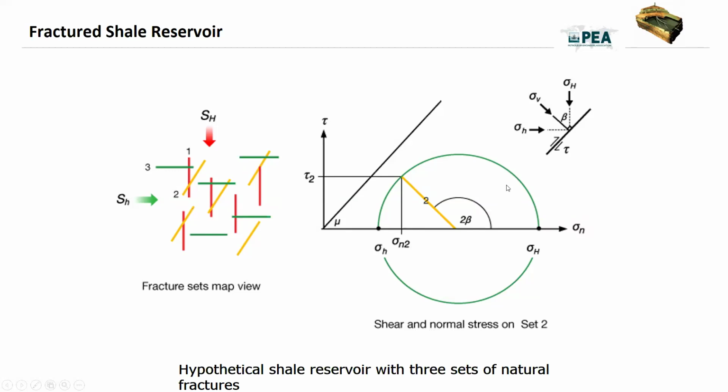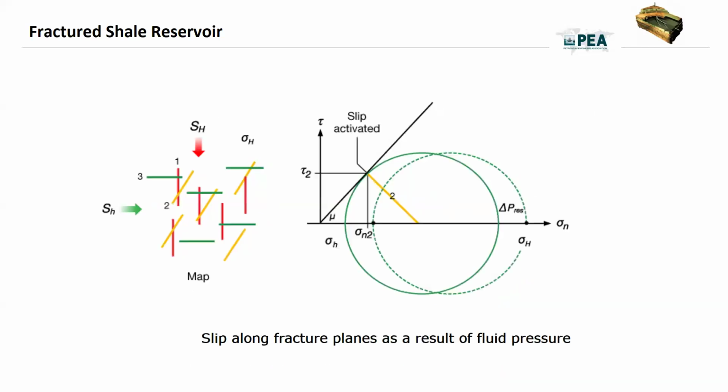And to the right, we have the Mohr circle representation of the initial stress state of fracture set number 2. So the shear and effective normal stress are shown here by the dotted gray line. So when reservoir pressure increases, the effective normal stress decreases, and the Mohr circle is shifted to the left.